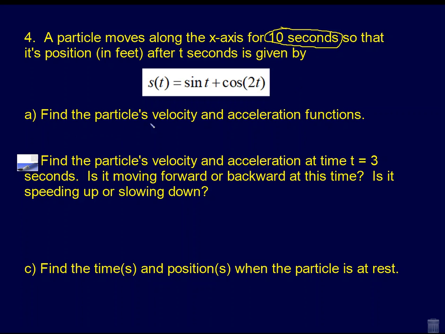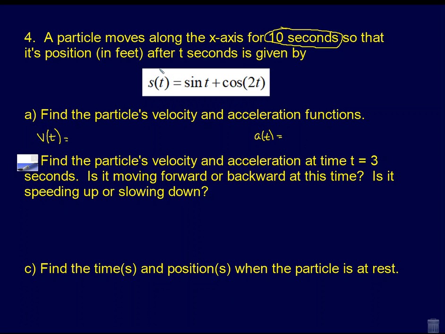In the last video, we pointed out two other functions that come from this: the velocity function, v, and the acceleration function, a. But even more than that, what was very important was how we find these.